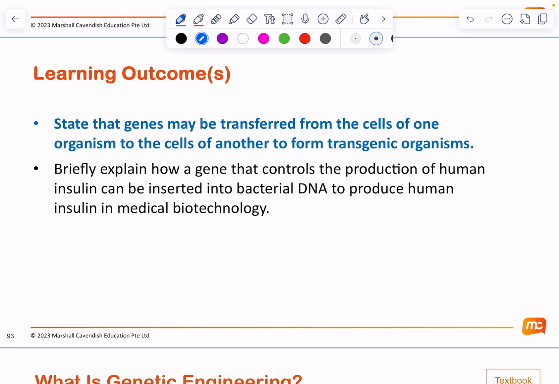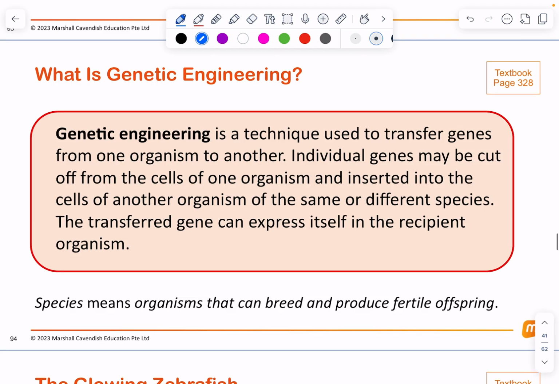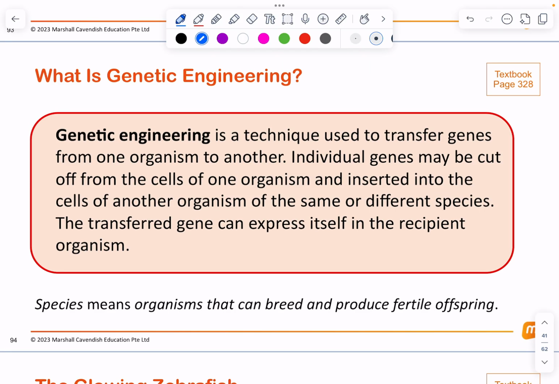Transgenic means the genes don't just come from the original organism, but from other organisms as well. Briefly, we will also explain how a gene can control the production of human insulin as an example. So, what exactly is genetic engineering?